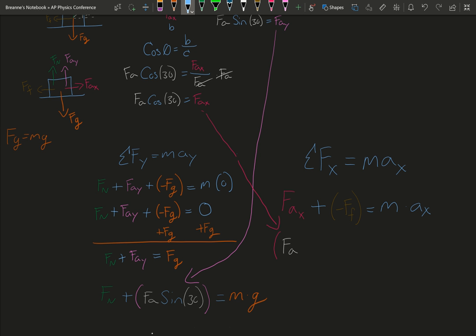So it's our force applied cosine of our theta plus our force of friction. Now, yes, if we needed to break down our force of friction, we could. Okay.